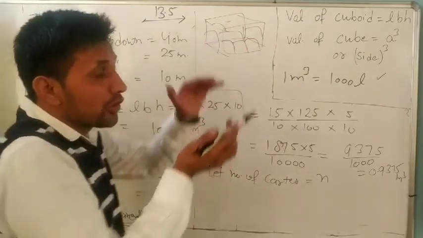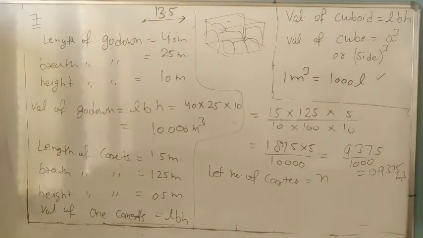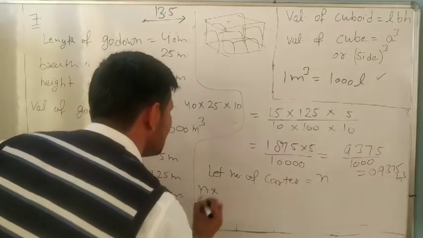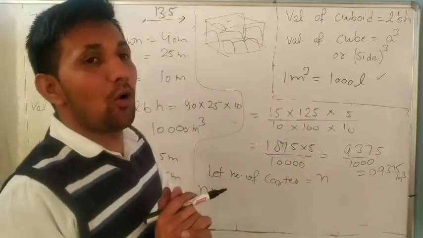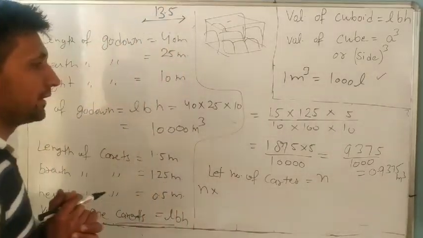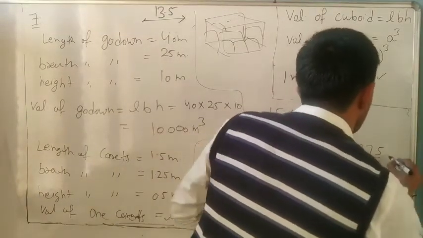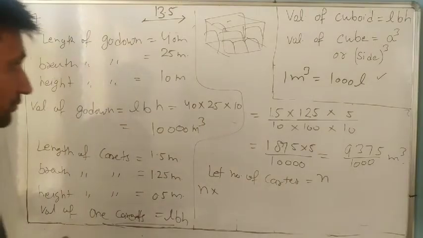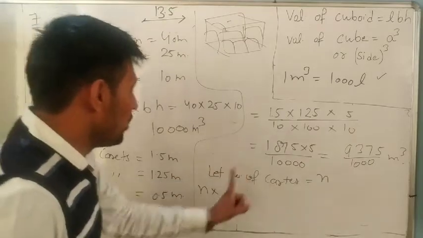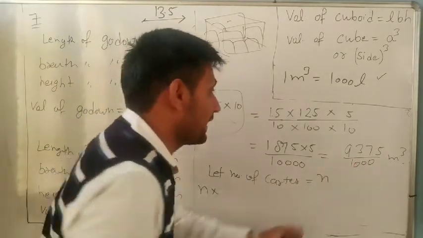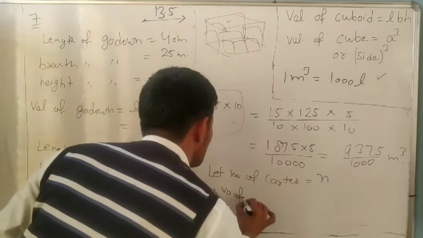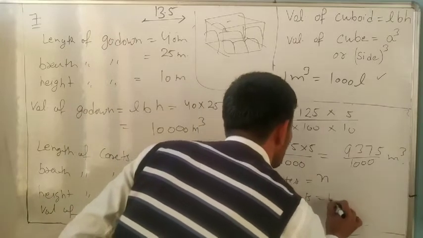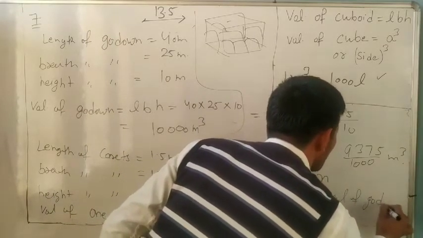It means the total volume of the room equals the volume of all the carats. How will you find the total volume of all the carats? The volume of one carat multiplied by the total number, n, equals the volume of the godown.